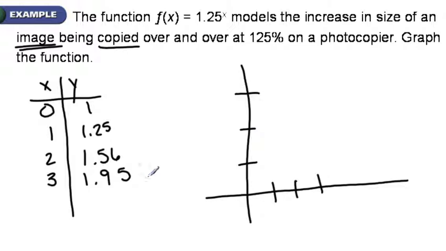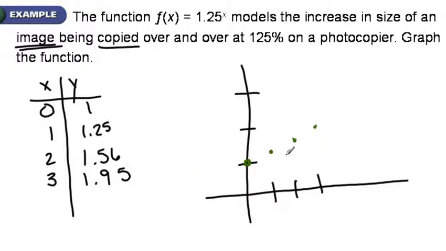Make it easier on us anyway. 0 is at 1. 1 is at 1.25. 2 is at 1.56. You see, I'm just kind of guessing because this looks like about 1.5. This looks like about 25. And then 3 is at 1.95. So we would continue to go.